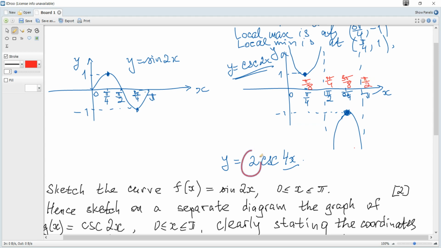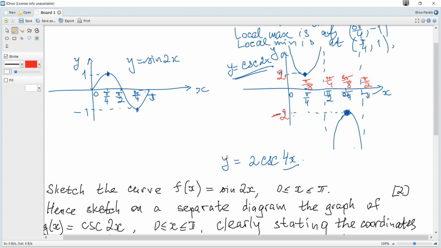And this 2, what is it? It's vertical stretch by factor of 2 with x-axis invariant. Every y value becomes 2 times larger. So this point, y coordinate becomes 2, this becomes negative 2.